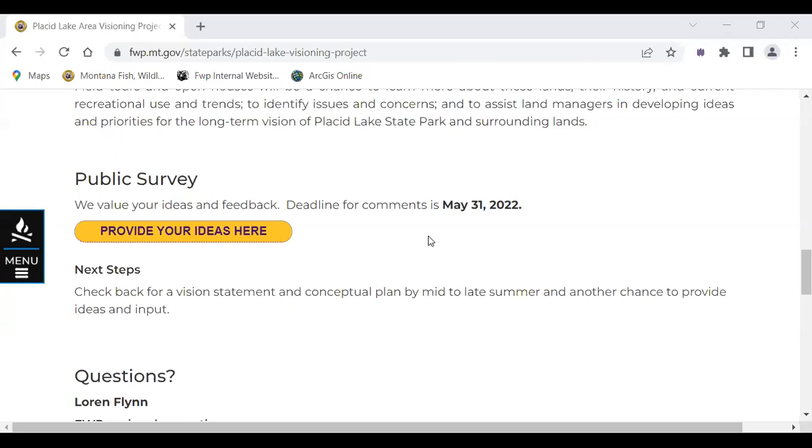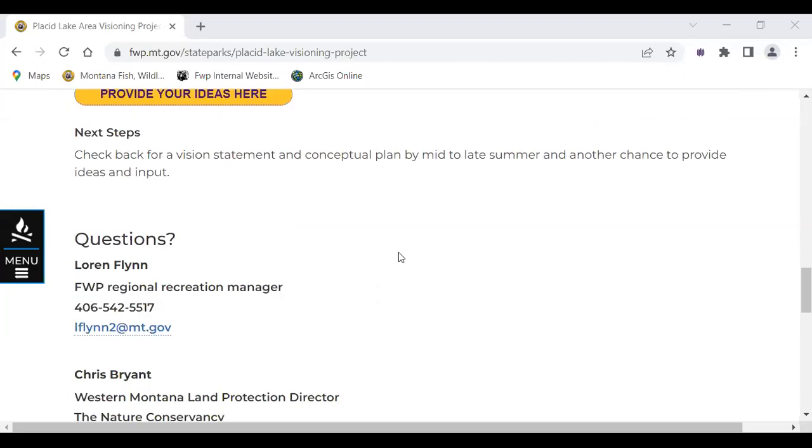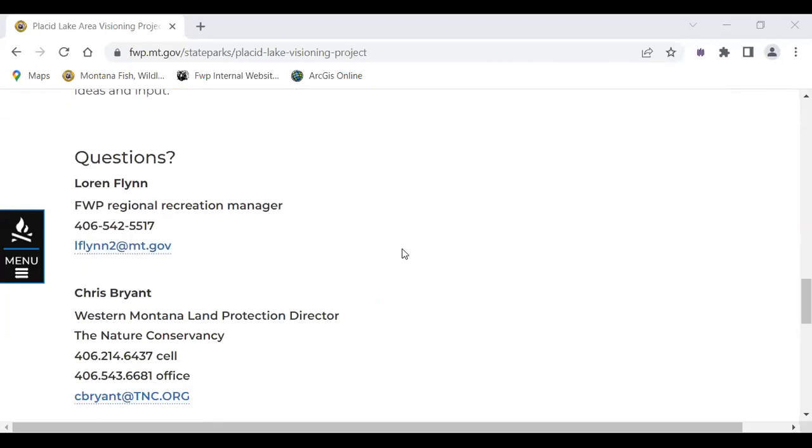Just to reiterate the timeline that I shared earlier this evening. We would get those comments in by the end of May, take time to synthesize them, chew on them, respond to them, and put together a draft vision and draft strategy that we would put out mid to late summer and get more public comment on. Then we'd finalize the vision and strategy after that second round of public comment.